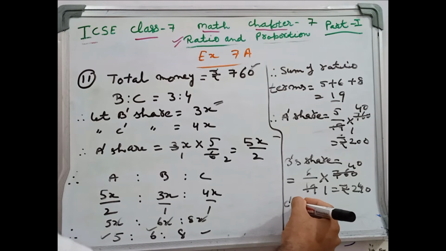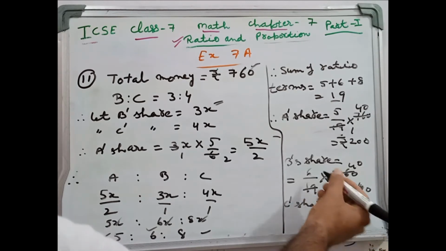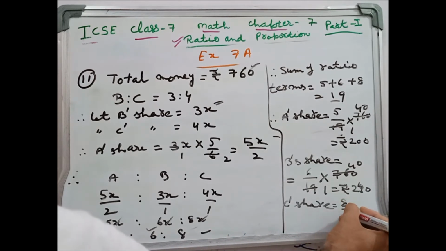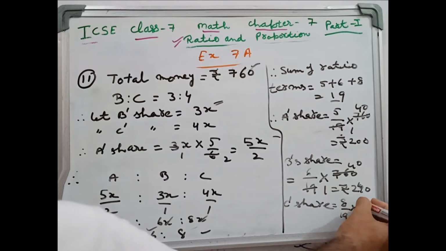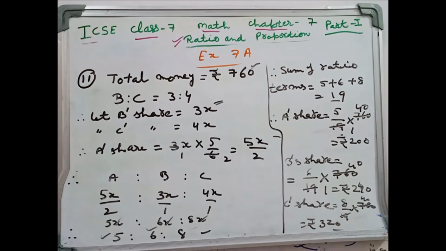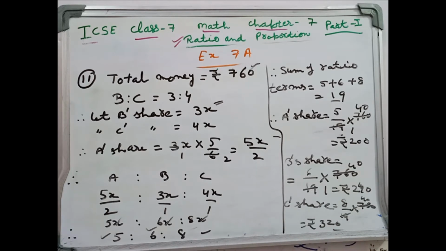C is here, remaining is 8. 8 upon 19 multiplied by 760. 19 fours, so 8 fours are 32, 320. Right, their sum will be 760: all three sum will be 200 plus 240 plus 320, 760.